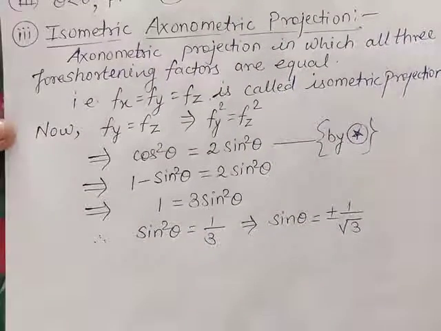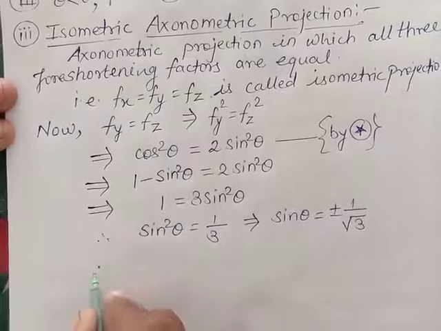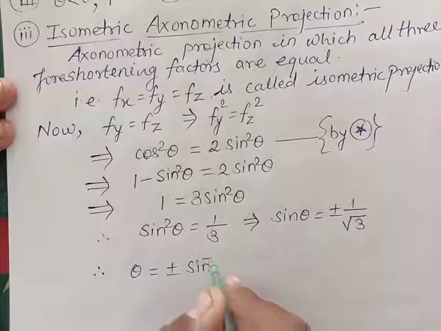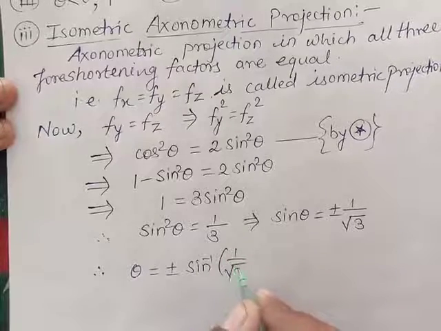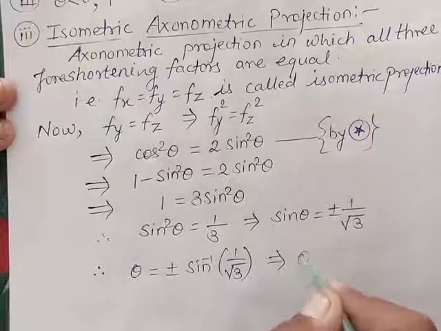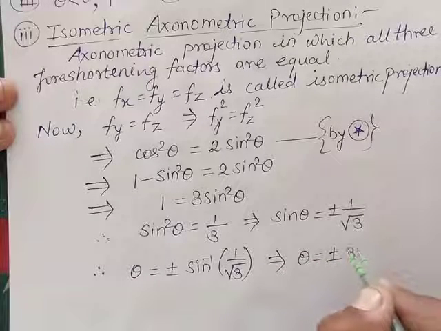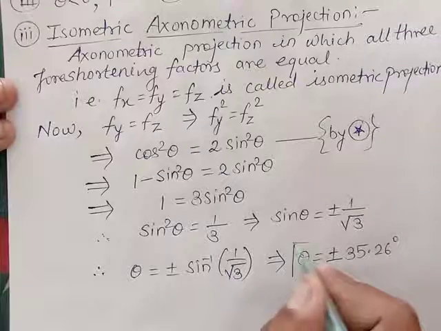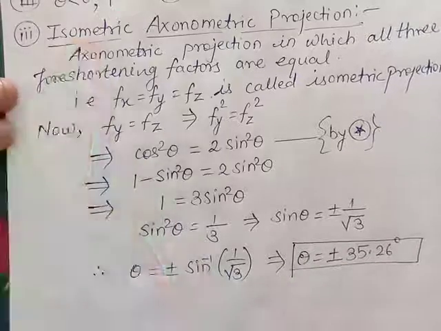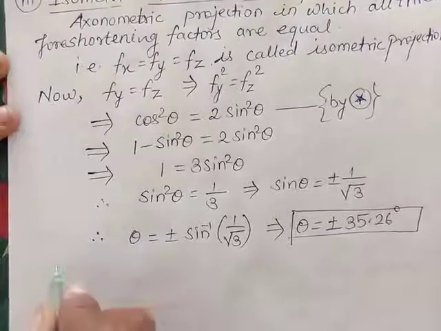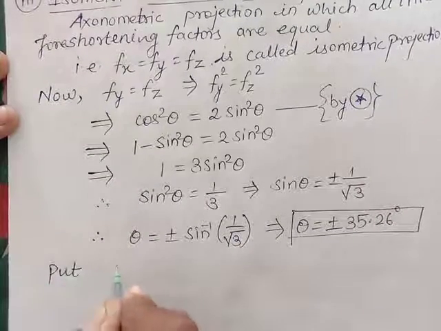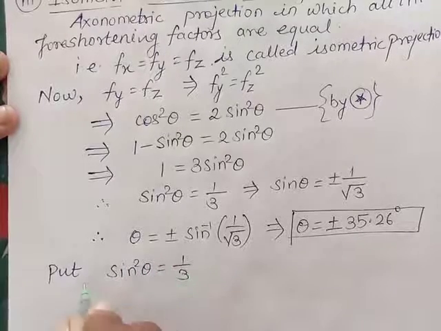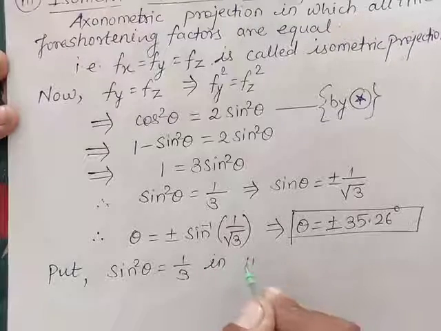That gives sin theta is equal to plus minus 1 by root 3. Therefore theta equal to plus minus sine inverse of 1 by root 3, and that is theta equal to plus minus 35.26 degree. This is theta for isometric projection. Put sine square theta equal to 1 by 3 in 2.